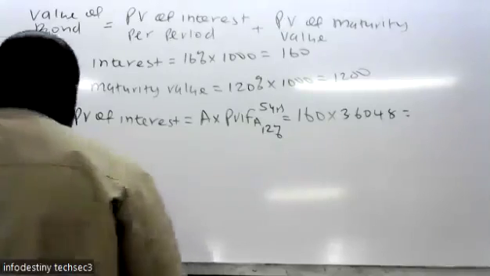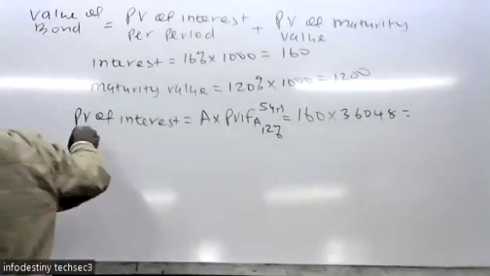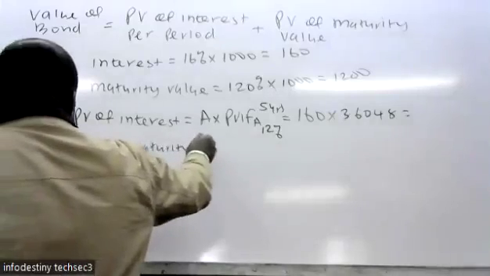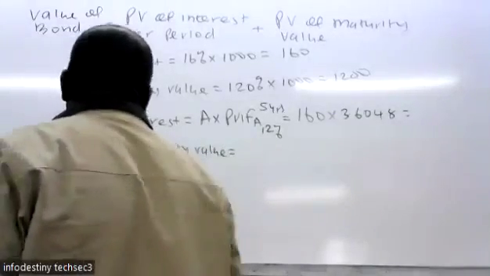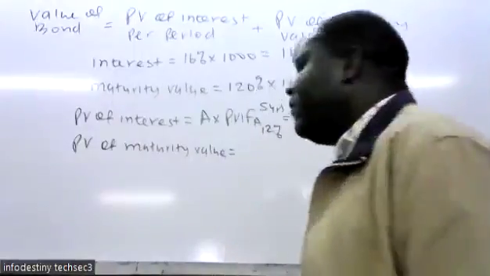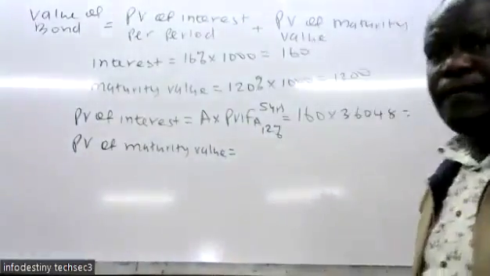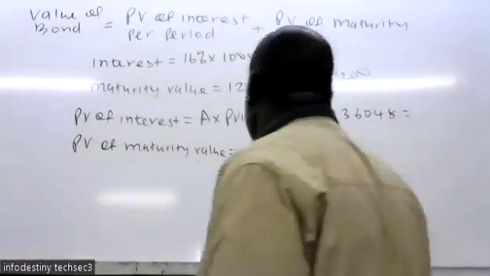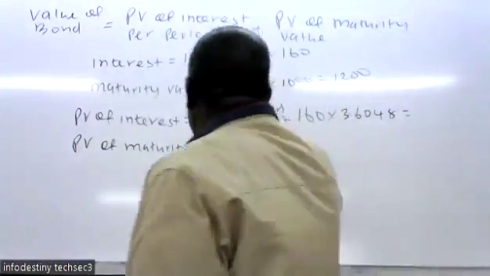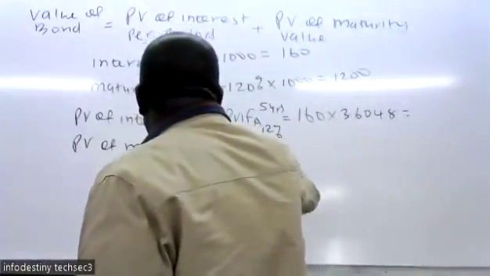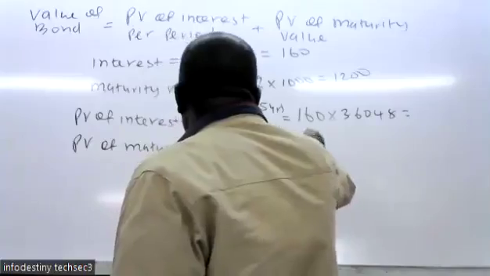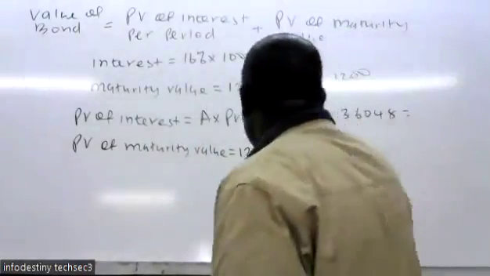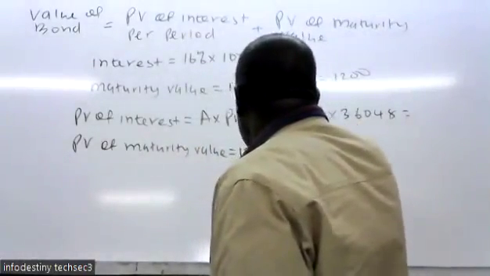Then we also calculate the present value of the maturity value. The maturity value is 1,200, but this one we discount using the first table, confirming 12% in year 5.